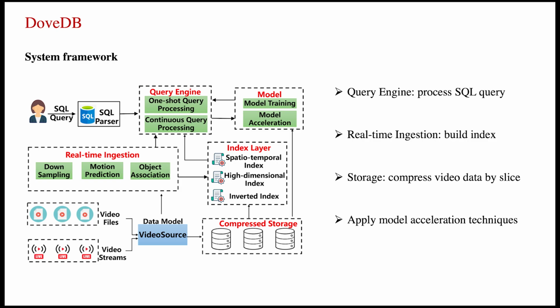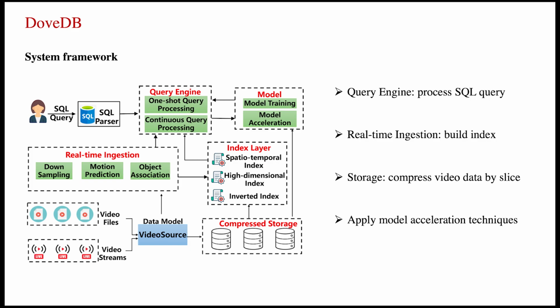Moving forward, let's take a peek at the overall architecture of DoveDB. The system framework, as shown in the diagram on the left, consists of a few key components. The query engine handles users' requests.